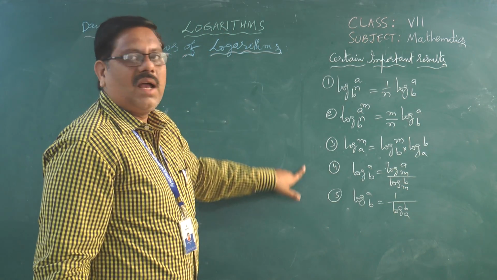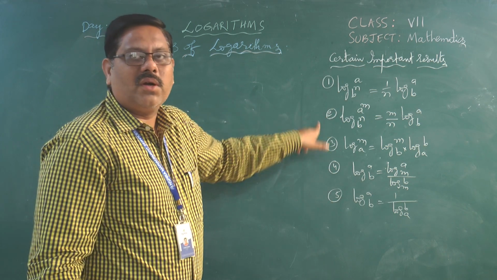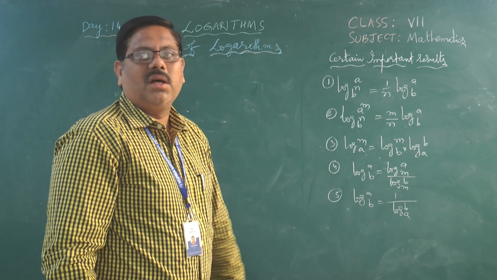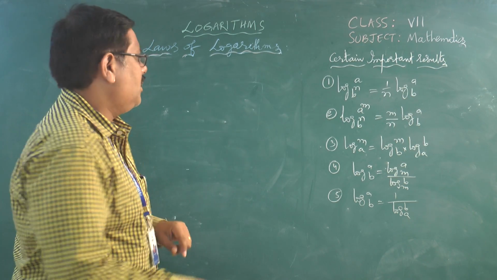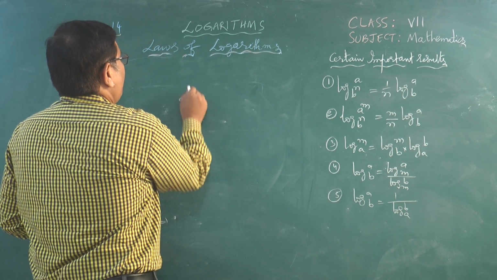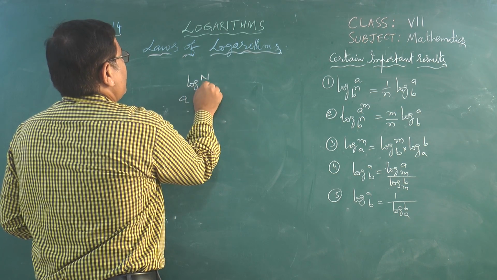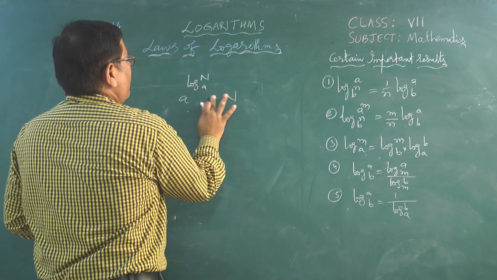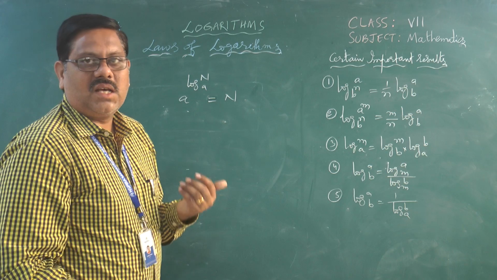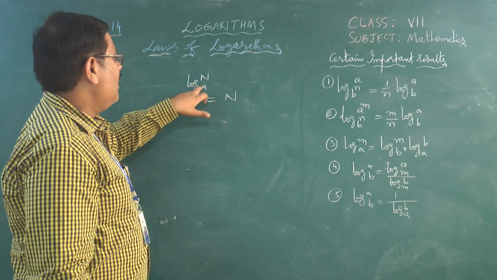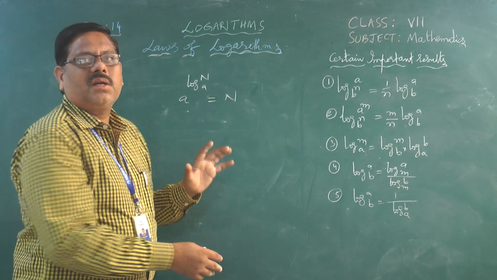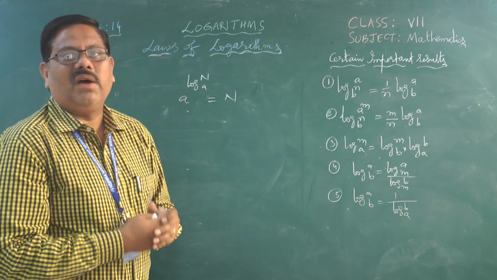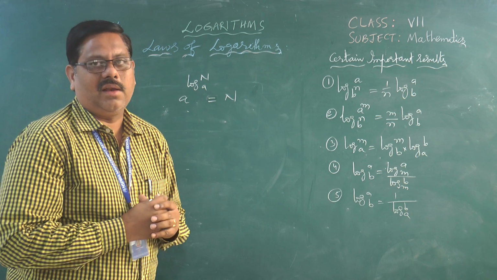So these are other important results which you have to remember while solving problems based on logarithms. In addition to that, already we have seen a power log n to the base a is always equal to n. In our previous class we have seen this. So these are very important conditions we can use while solving problems based on logarithms.